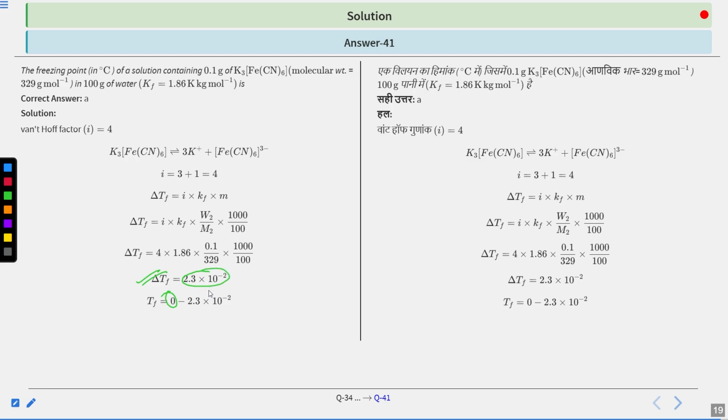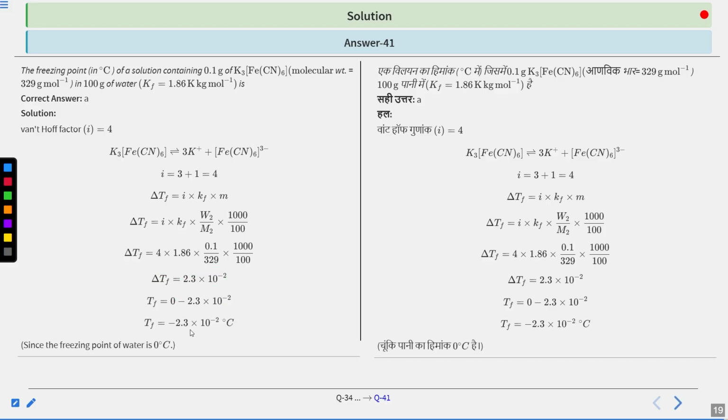ΔTf will be T°f minus Tf, where T°f is the actual, meaning the ideal one, and Tf is the one obtained upon adding the solute. So you will solve that to get the freezing point as minus 2.3 into 10 to the power minus 2 degree Celsius. This will be your new freezing point.